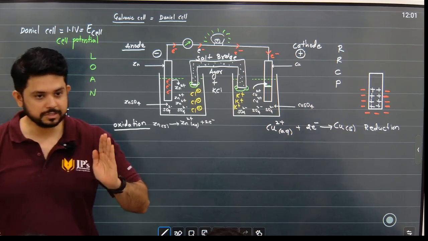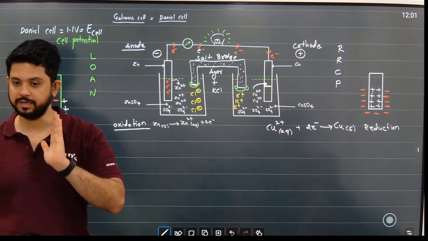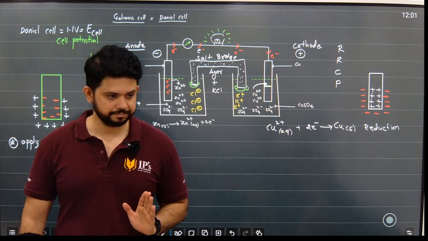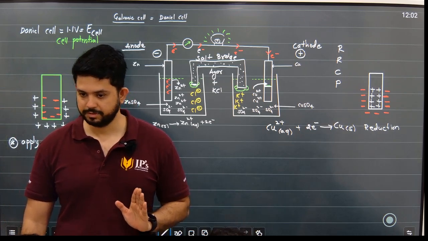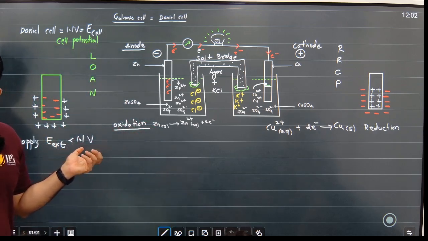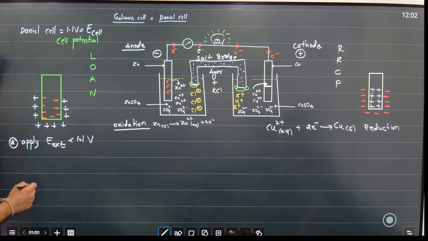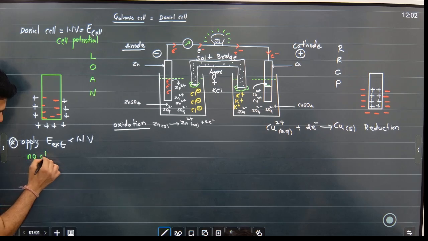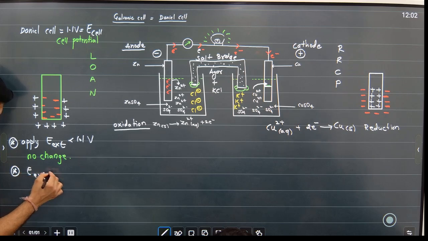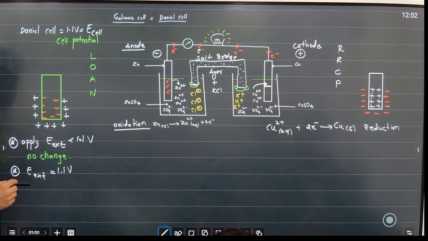See, the Daniell cell converts chemical energy to electrical energy, but externally I am applying electrical energy to the Daniell cell. With me? What do you think will happen if I apply something less than 1.1 volt? Excellent. No change. What if I apply external voltage equal to 1.1 volt? No change.